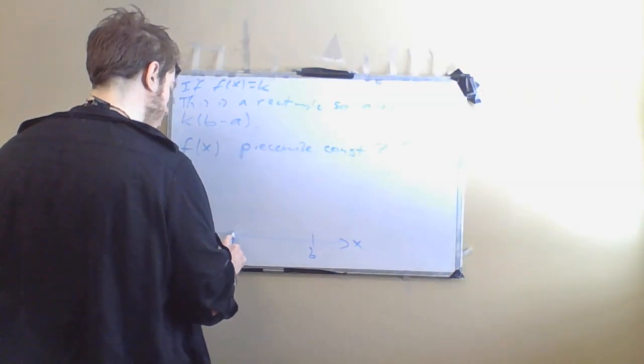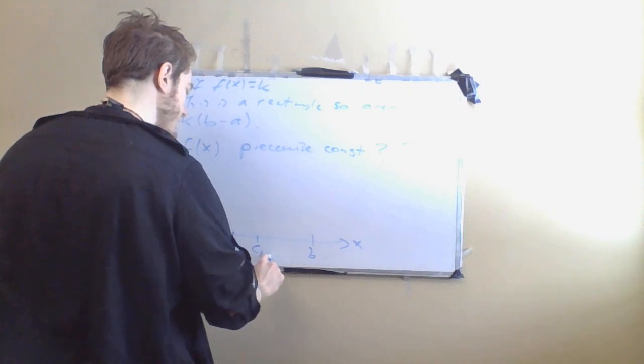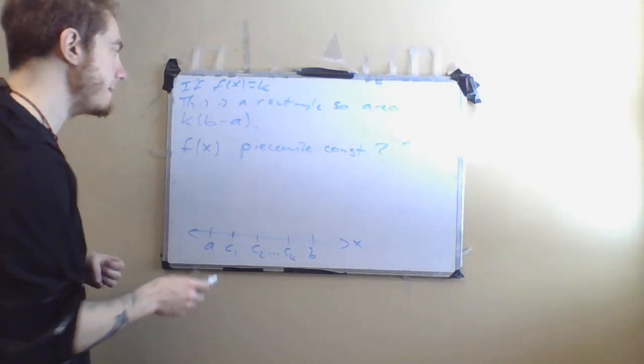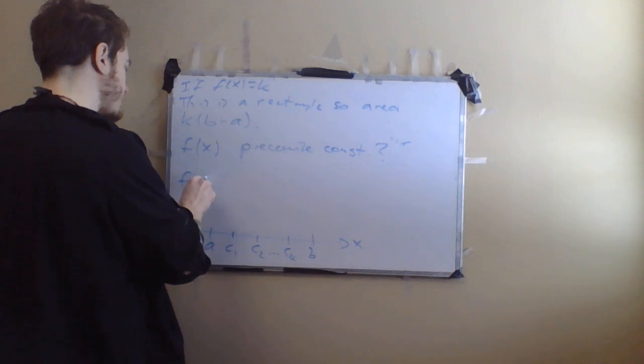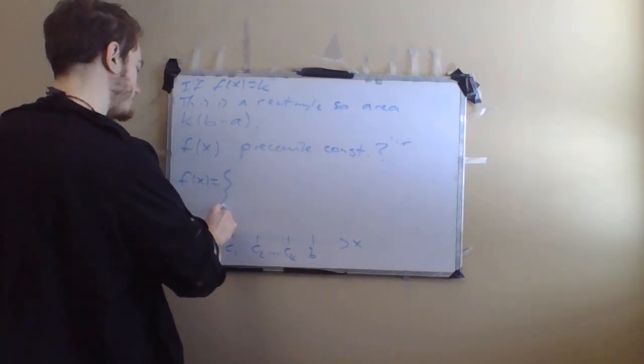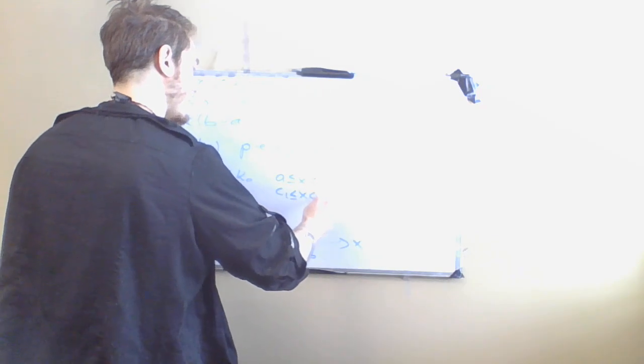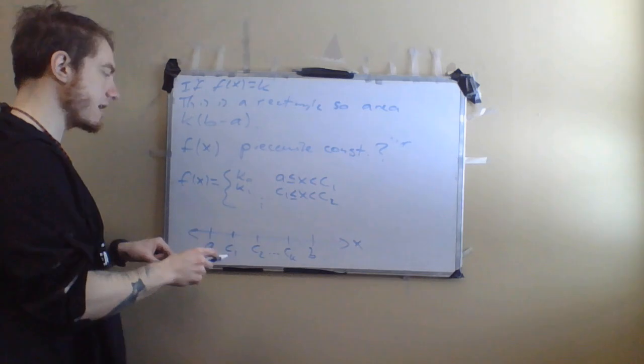Let's suppose that we split it up into, let's say, c1, c2, up to ck, and then we have b, and we have f of x is equal to k0 when a is less than or equal to x less than c1, and then it's equal to k1 from c1 up to c2, and so on. So on each piece, it is a constant.